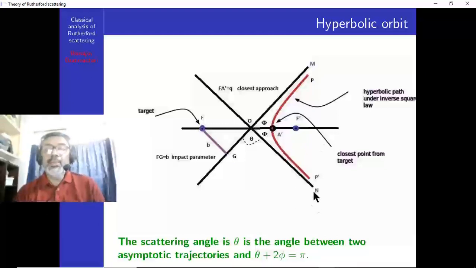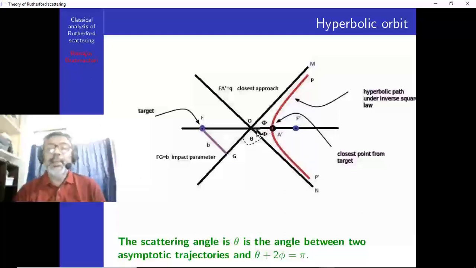And the asymptote N coincides with the path of the alpha particle when the alpha particle is receding to infinity. After the scattering is over, the alpha particle is receding to infinity again, and then the path of the alpha particle coincides with the asymptote N. And theta is the angle between these two asymptotes, and we define theta as the scattering angle.